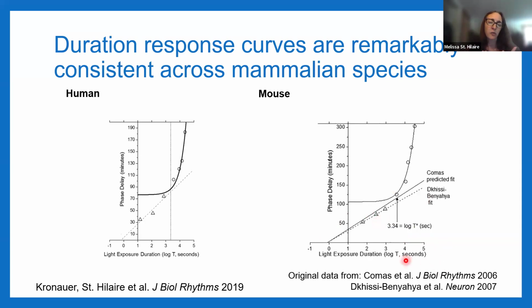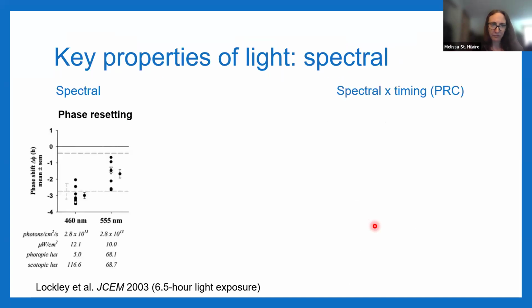And that's at a duration, I have it here in log seconds, but in terms of minutes, it's at about 36 to 37 minutes. And that's going to be really important when we start talking about the duration by spectral composition interaction that I hope to show you in a little bit. So that's just something to keep in mind for now.